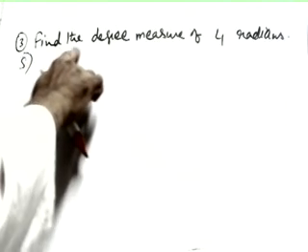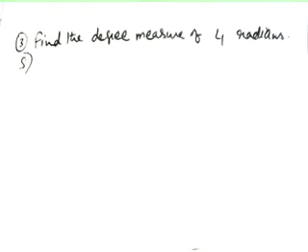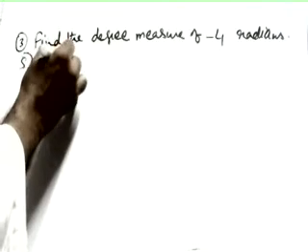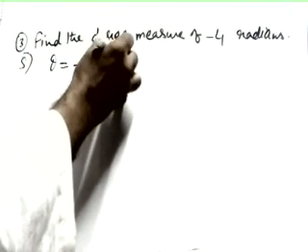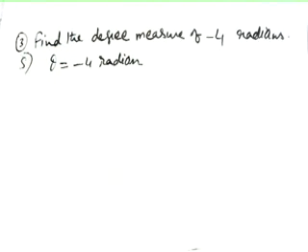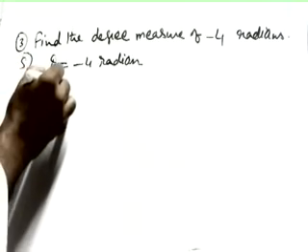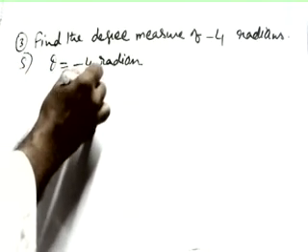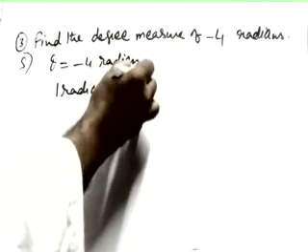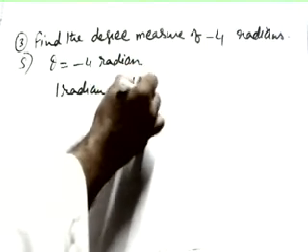Let me try one more question. Find the degree measure of -4 radians. So you do it. This angle is given as -4 radians. So we have to process in the same way. We know that 1 radian equals 180 by pi.